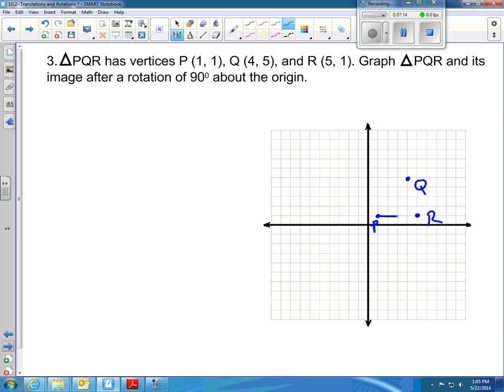All right. So we have our original figure graphed. Again, we're thinking different color for P prime, Q prime, R prime.